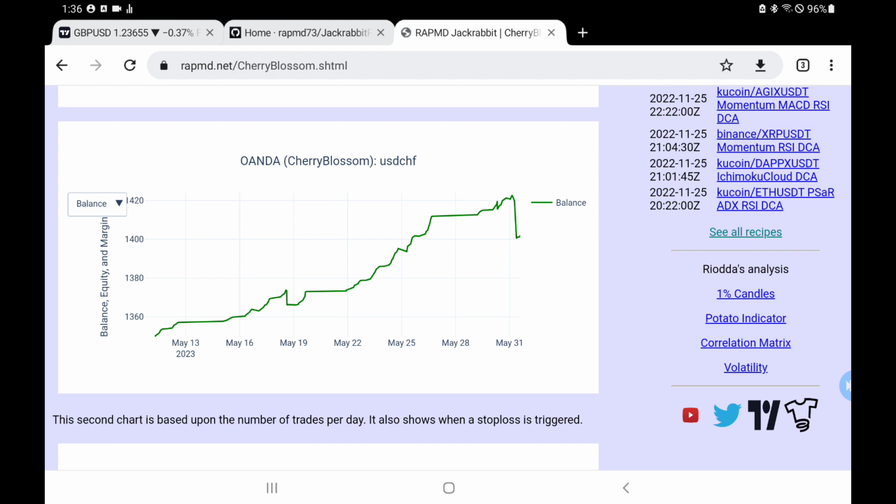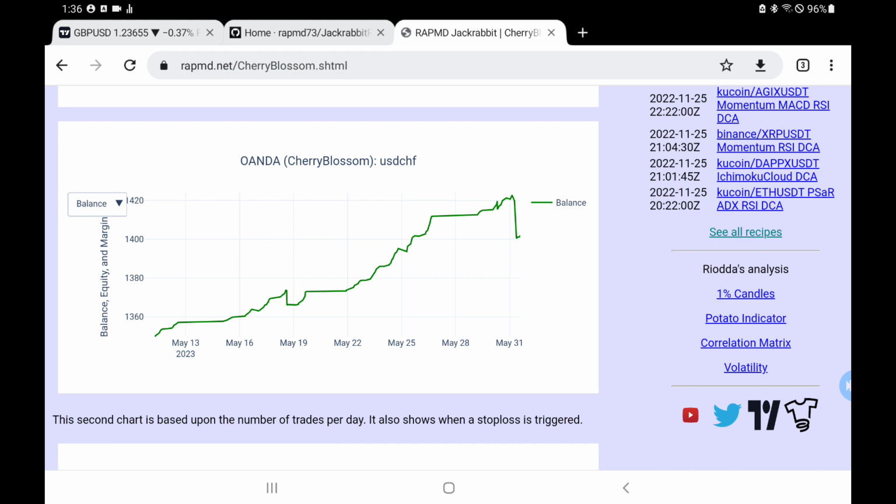As you can see just from this short time period, from May 13th to May 31st today, I've done about $60 in profit total, although now, at this moment, I'm about $40 in profit, where I lost $23 from the 5 stop losses.